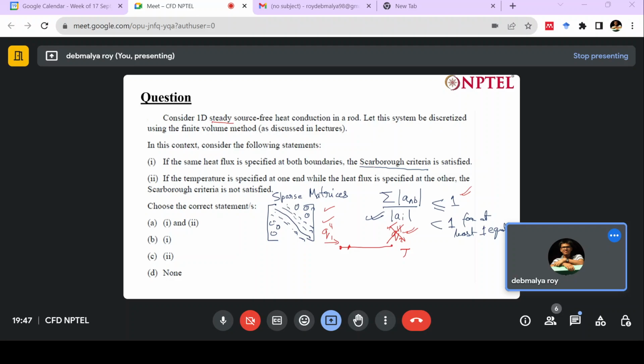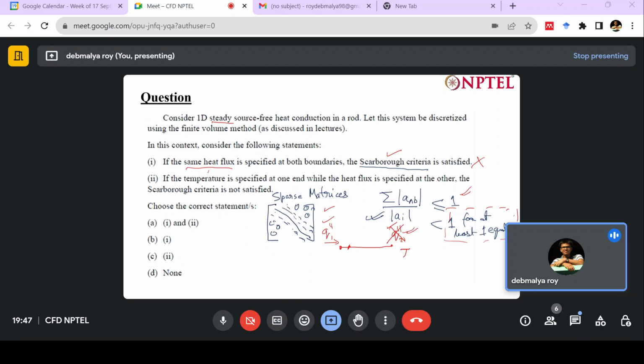After obtaining the equations, if you put in the Scarborough criteria, where the same heat flux is applied at both ends, you would see this criterion is not satisfied. Particularly, the condition for at least one equation is not satisfied when heat flux is specified at both points.